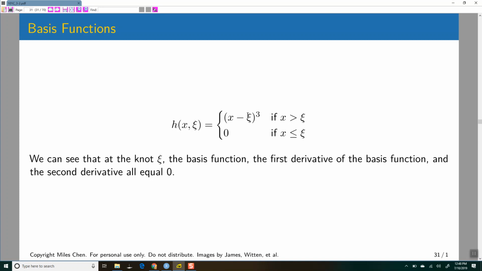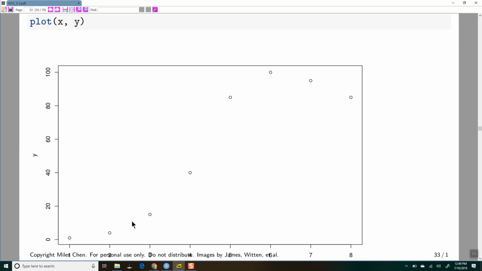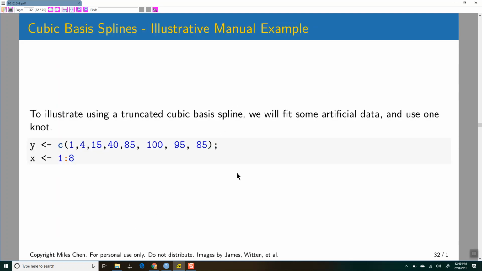The second derivative is also continuous: at xi it's 0 and 0. So this is how we ensure that the thing is going to be smooth and continuous.